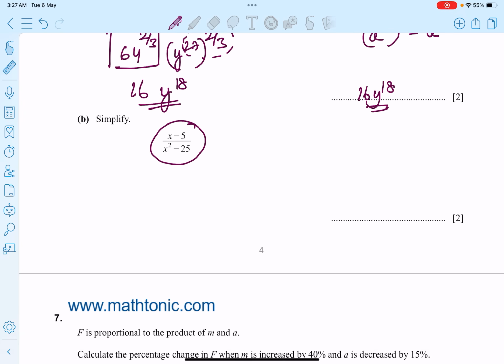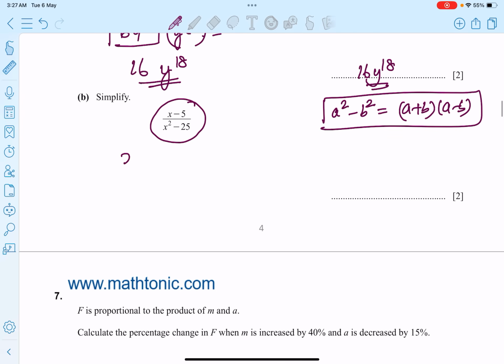If you see, there is a formula we have already, I think I've told you in the first prediction paper. The formula is a squared minus b squared equals to a plus b times a minus b. We can factorize this, yes or no? So I can write down x minus 5 over the denominator x squared minus 5 squared, because 5 squared is 25.